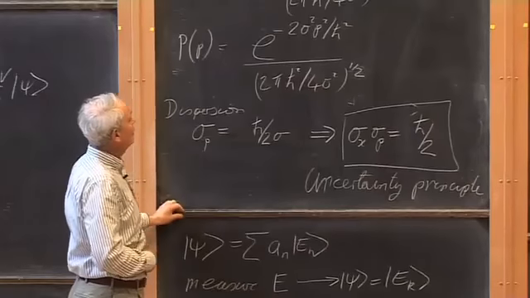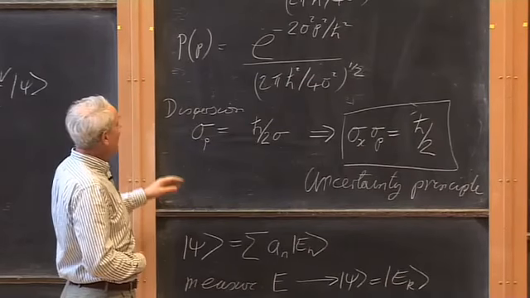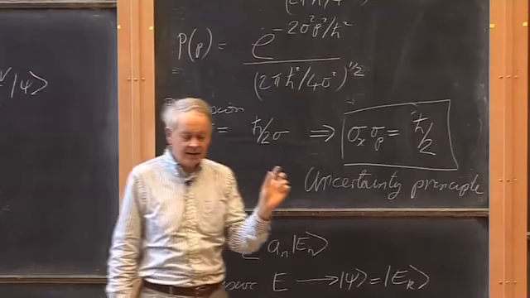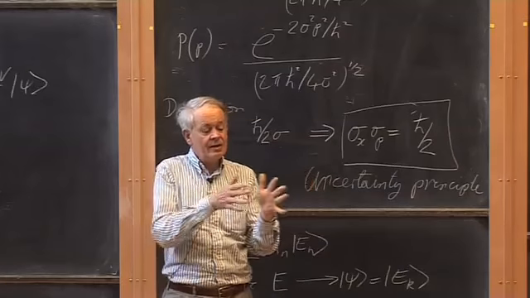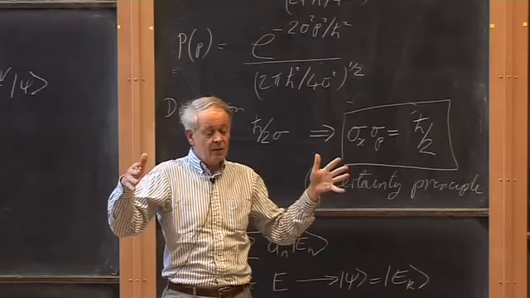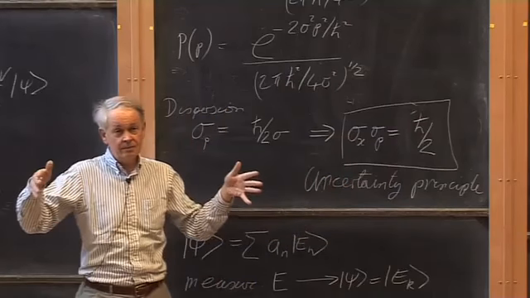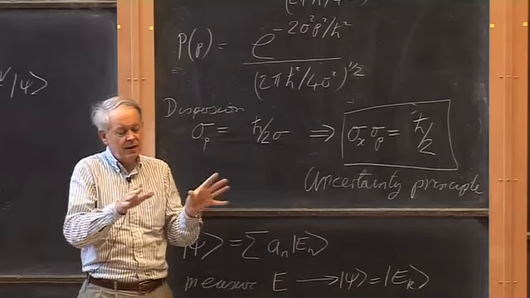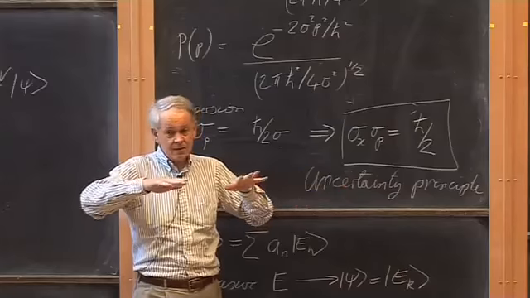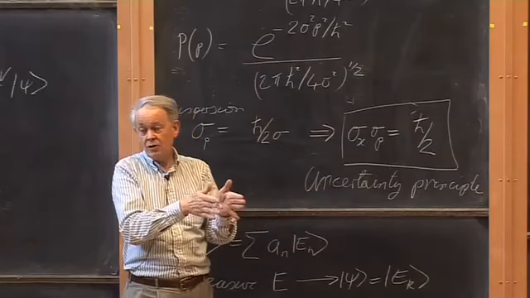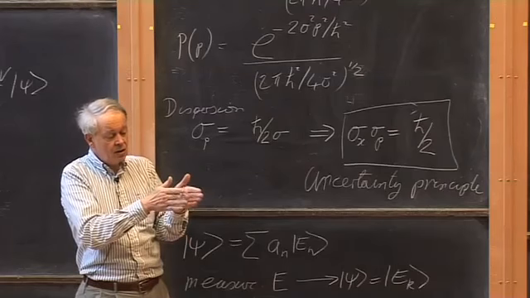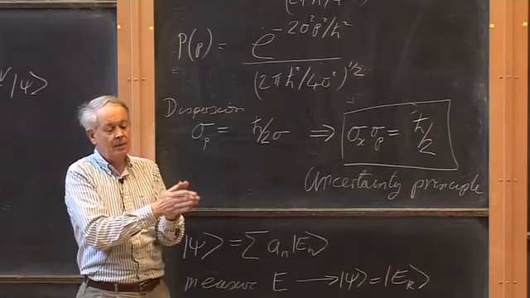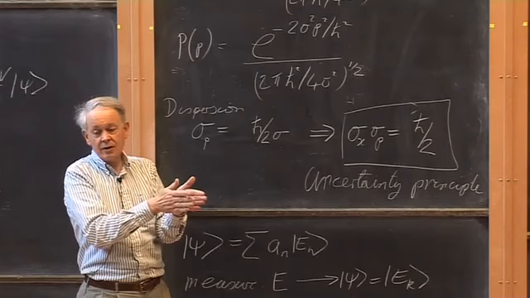We say to ourselves, if the wave function is highly localized in space, and you think about that wave function as made up as an interference pattern between plane waves, which are states of well-defined momentum, then in order to have the interference pattern highly localized, so that the sum of all these waves cancels to high precision everywhere except in some narrow region, you will need to use waves with a very large range in wave numbers. And that's why the momentum is very uncertain if the position is rather certain.